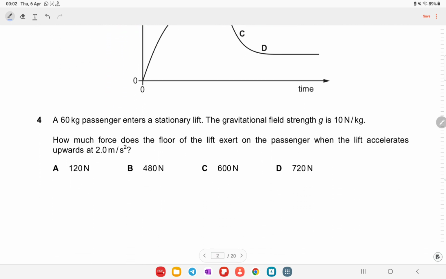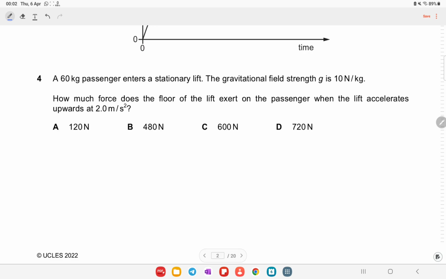A 60 kg passenger enters the stationary lift. The gravitational field strength g is 10 newtons per kg. How much force does the floor of the lift exert on the passenger when the lift accelerates upward at 2 meters per second squared? Okay, let me draw a figure so that we can understand what this question is talking about.